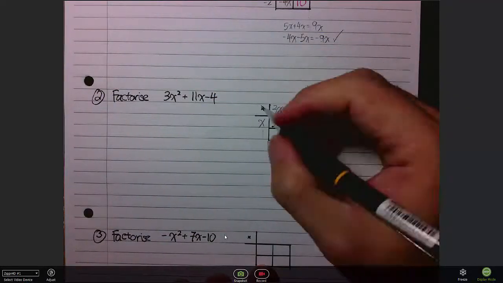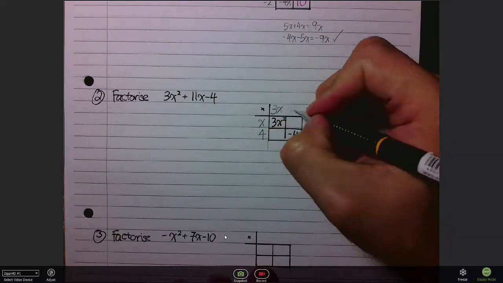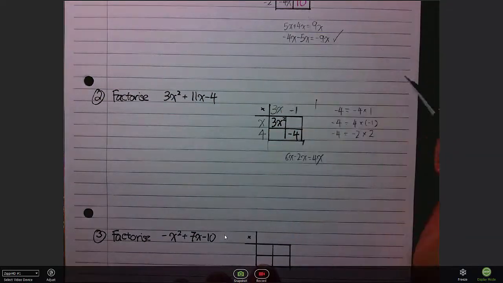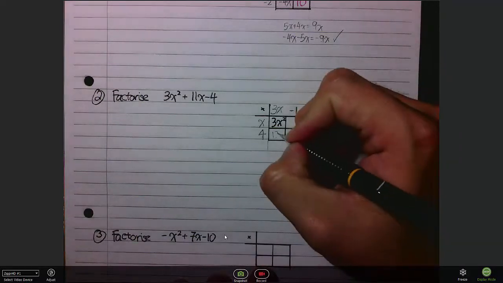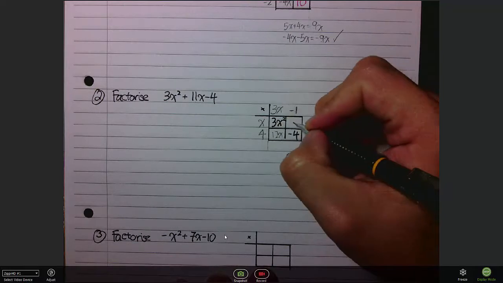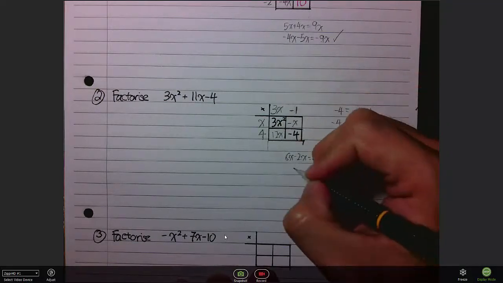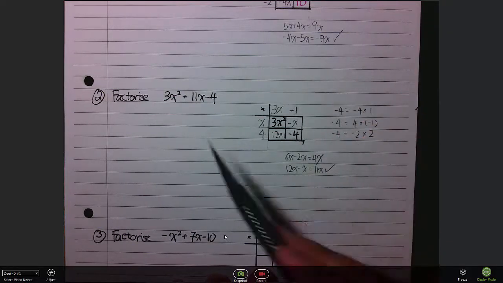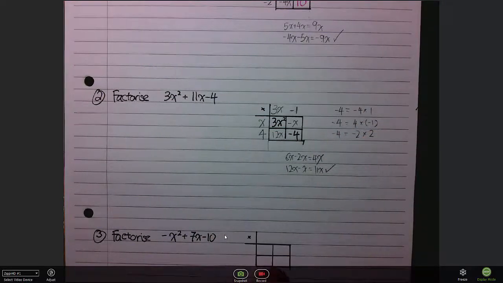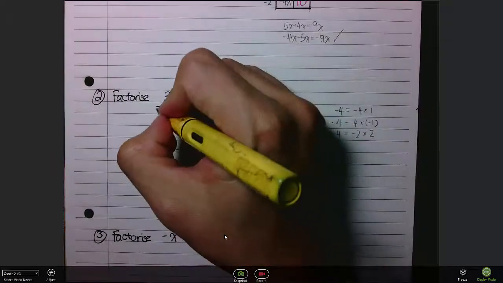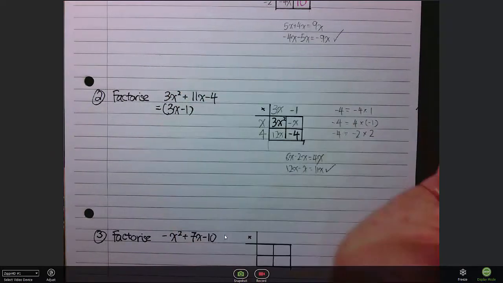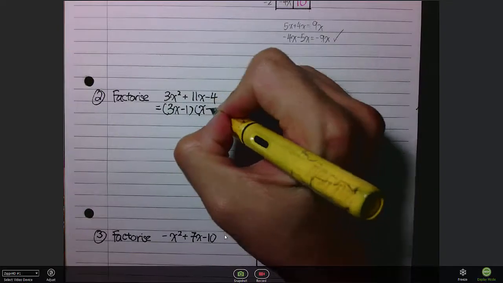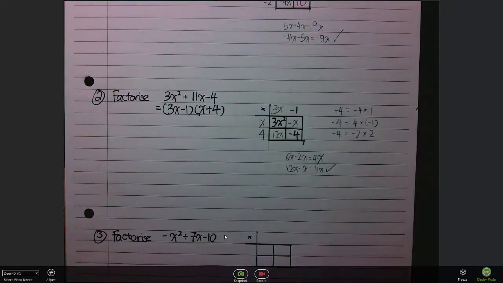So maybe now I will try 4 and negative 1 the other way. You just keep trying different combinations until you get it. 4 times 3x gives me 12x. Negative 1 times x gives me negative x. 12x minus 1x is 11x. This is the correct factorization. So I write down 3x minus 1 and x plus 4. That's it for question 2.